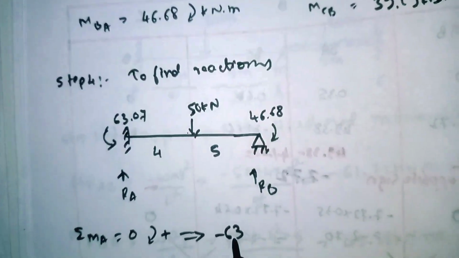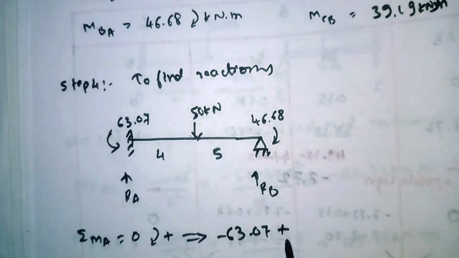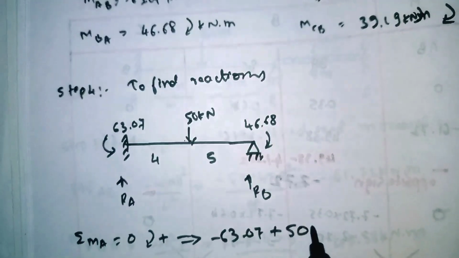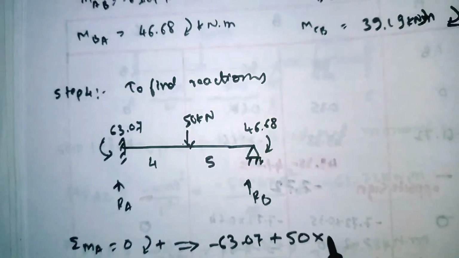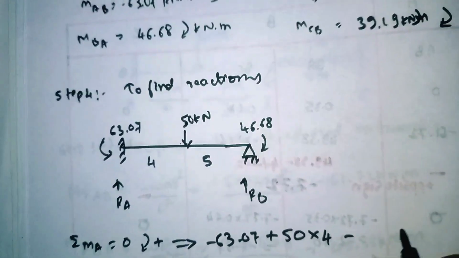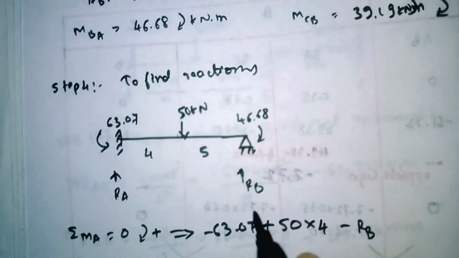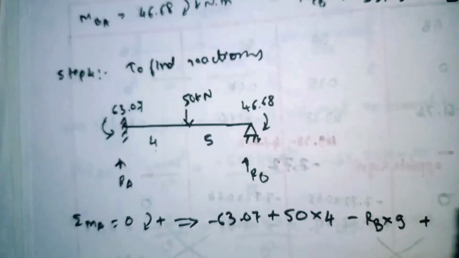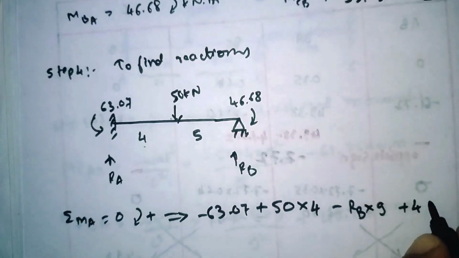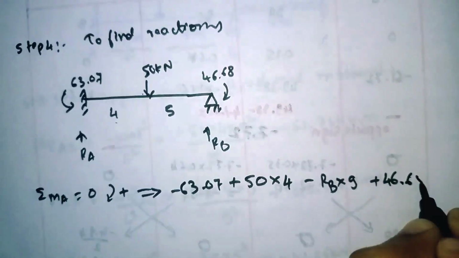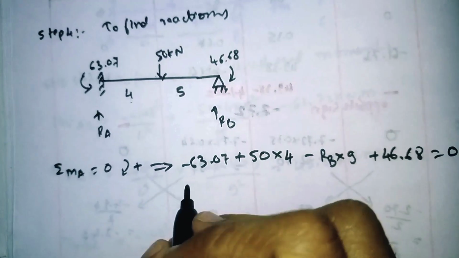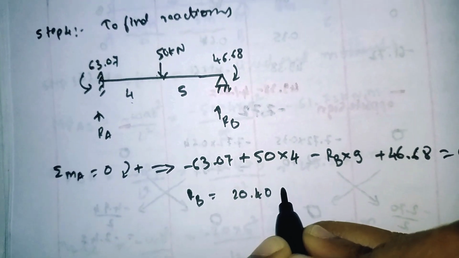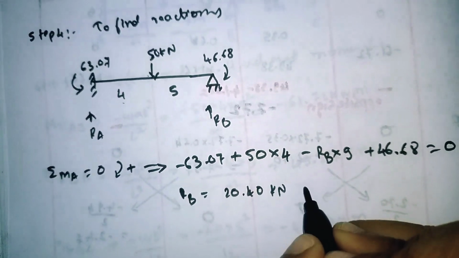So minus 63.07 plus the point load 50 into the distance, acting at a distance of 4 meter, 4, minus RB, minus means it is anti-clockwise, into the distance 9, plus this is clockwise, moment BA is clockwise, so 46.68 is equal to 0. So now adding it, we'll get our RB value as 20.40 kilonewton.